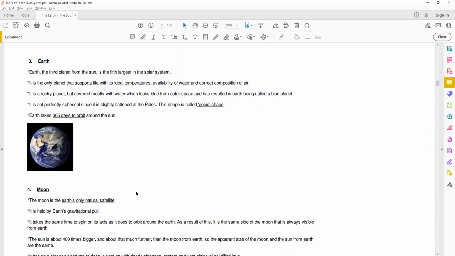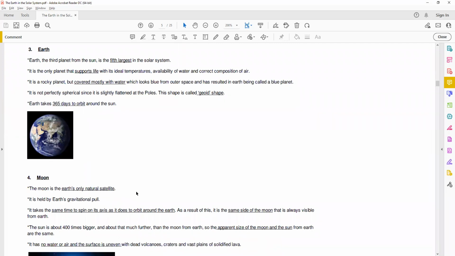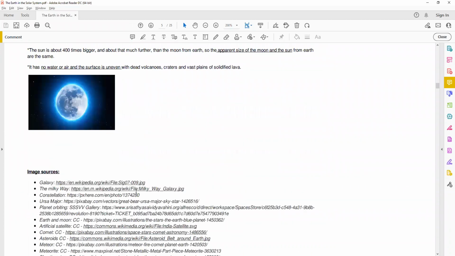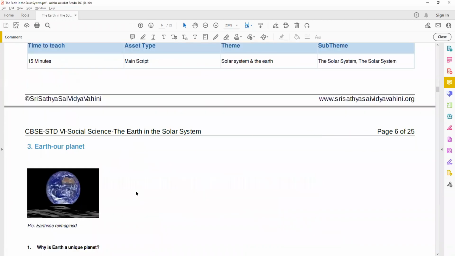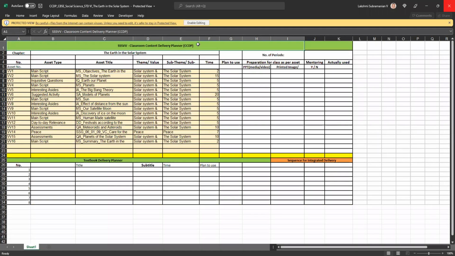Next step is the actual delivery, right? When you are actually delivering it, there are things you would like to do in the classroom. Now, how do you prepare yourself? Once you have gone through it, you come into the CCDP.